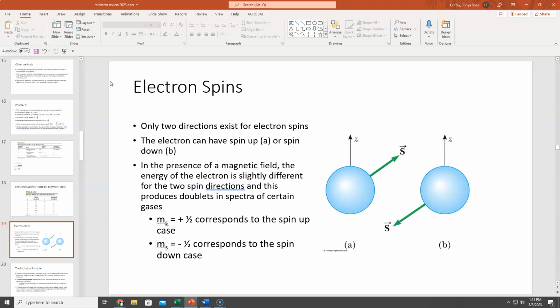Okay? That corresponds to magnetic spin quantum numbers of plus 1/2 for the spin up case and minus 1/2 for the spin down case. Spin up is generally considered to be aligned with the field and will be the lower energy state in the presence of an external magnetic field.